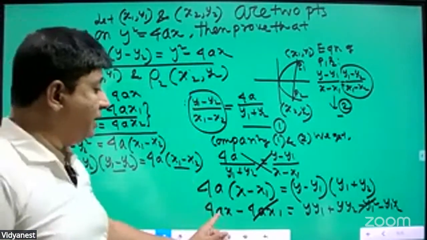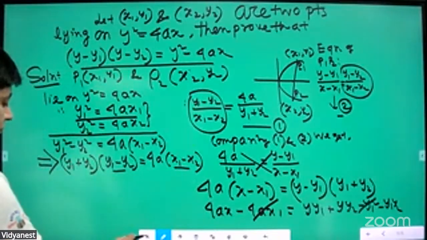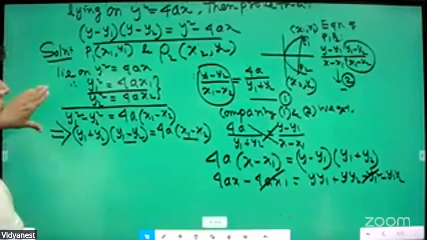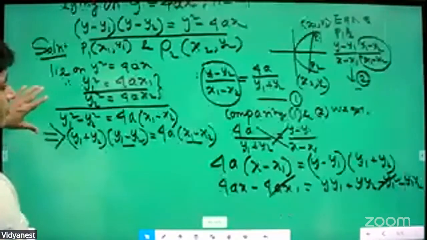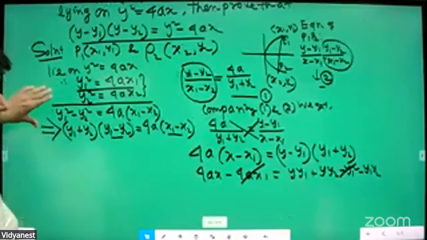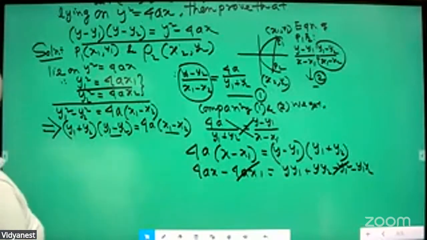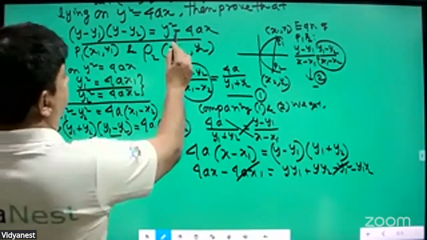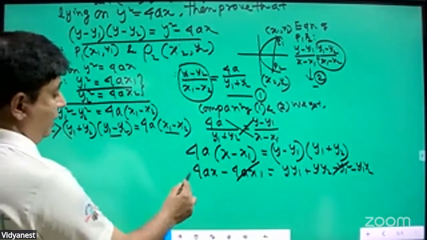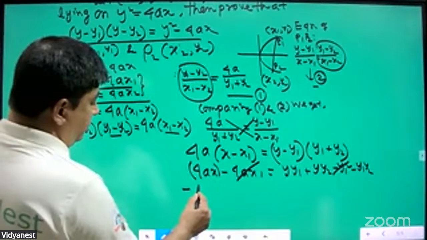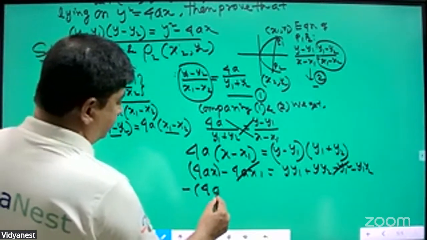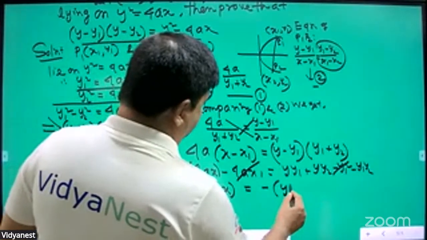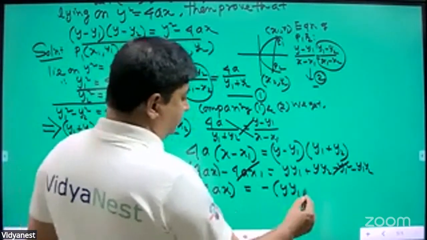So I have to make it minus. Hope it is visible. 4x will be minus, but here I have got plus. So introduce minus in both sides. The whole thing will be minus.